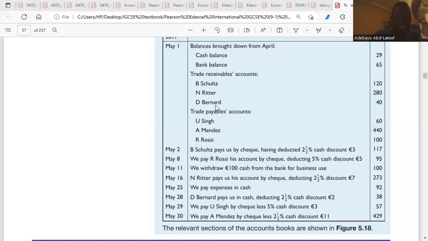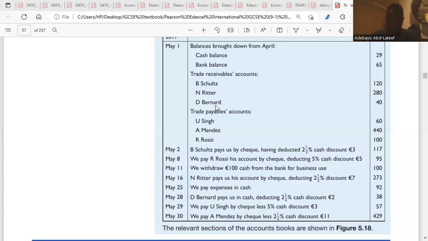For the suppliers, that means our bank and discount will be on the debit side now. Then our payment will be on the credit side. Do you get it? So the balance carried down, the amount we are owing each supplier, will be on the credit side of the trade payables account. The amount we paid will be on the debit side of each supplier's account.